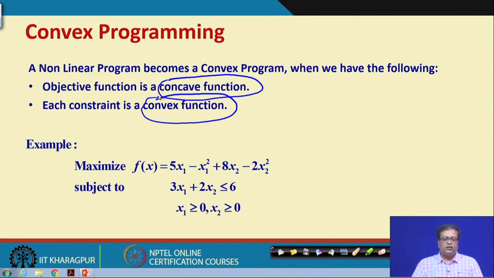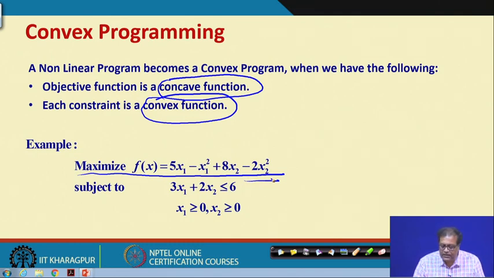Now, take this maximization function f(x) equal to 5x1 minus x1 square plus 8x2 minus 2x2 square. How do you know it is concave? If I take its second derivative, the second derivative should be negative, because it is a concave function.